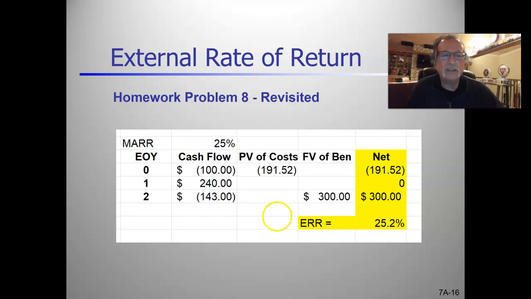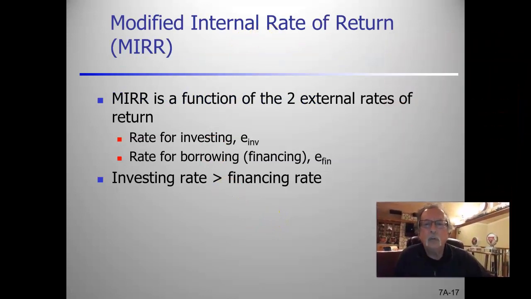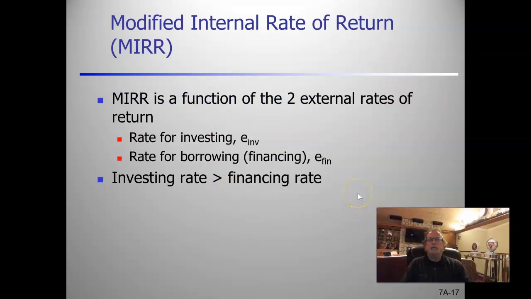So the takeaway from this lecture, because I want to cover one other point here. There's something called the modified internal rate of return, and it incorporates the two external rates of return, and it requires a rate for investing and a rate for borrowing, and that will give you the modified internal rate of return.